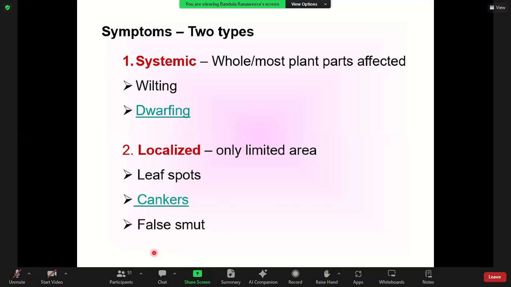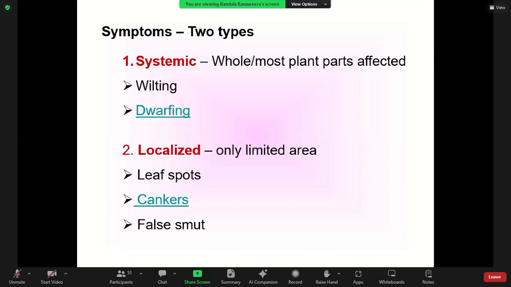At the location of the infection, we can observe symptoms, and based on the symptoms, we can identify the diseases. Those are the two types of symptoms.